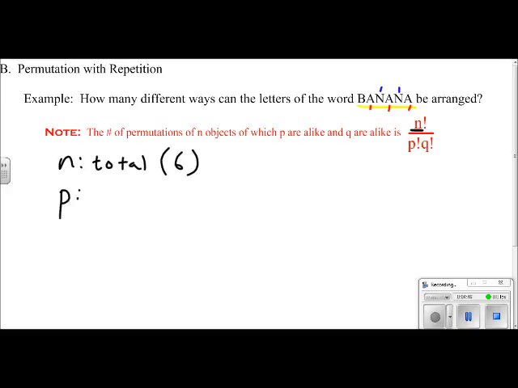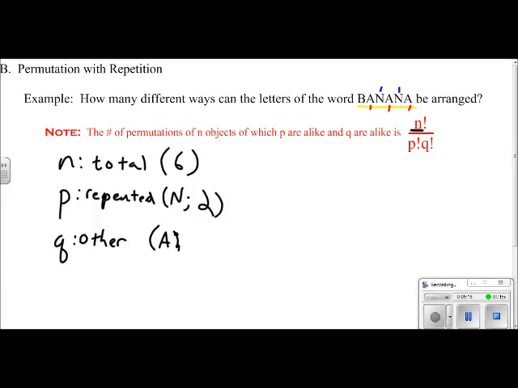P is one of our repeated letters, or any repeated event that we're looking for. In this case it would be N, which happens twice. Q is our other repeated letter, which is A, and this happens 3 times.